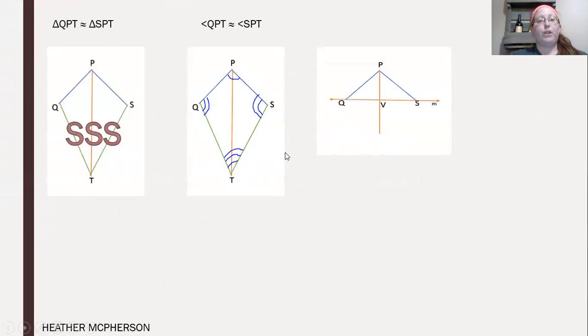All right, now that we looked at triangle QPT, now we're going to look at the triangles PVQ and PVS. So tell me if the triangle QPV and the triangle SPV are congruent. And the answer to that is also going to be yes.